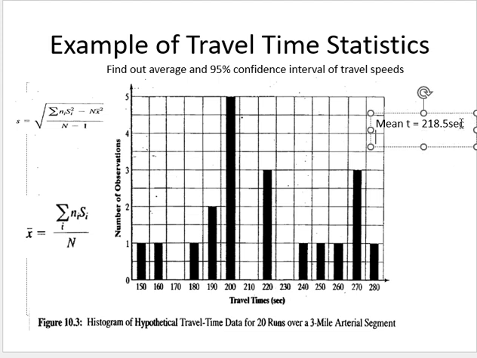Okay. Now we need to find out the standard deviation. Standard deviation, this is the equation. We already know n and s. We already know capital N. And x bar is 218.5.